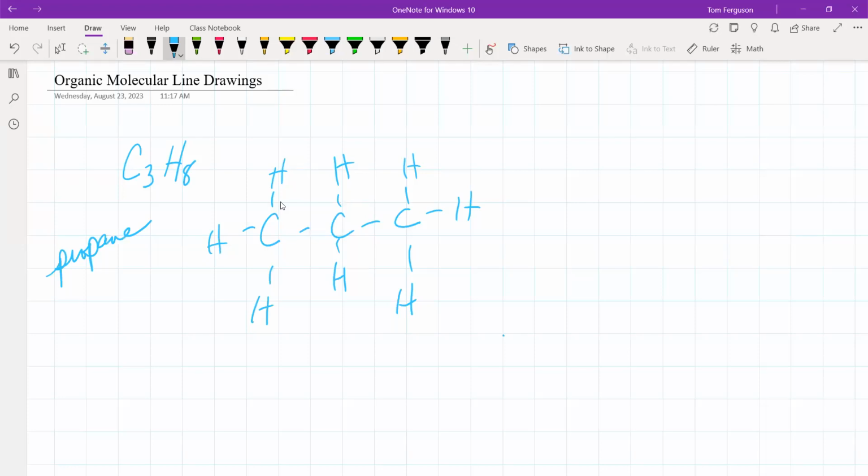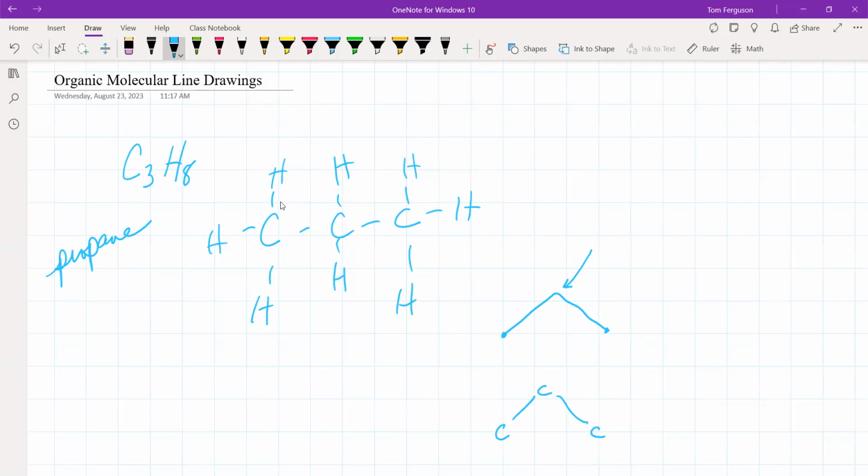1, 2, 3, and at the end. And every time there's a kink in the line, that's also a carbon. So that's what that line represents.